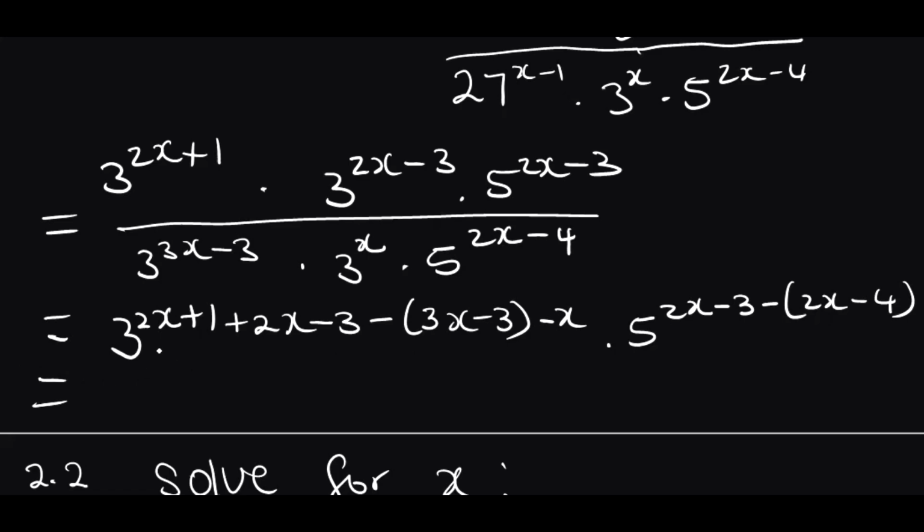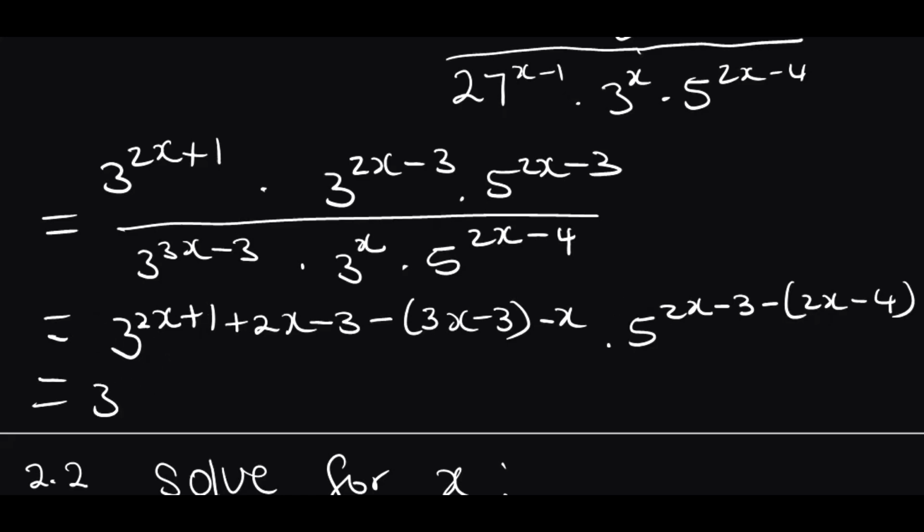Right, this 2x and this 2x will give us 4x. Let's remove the bracket first.